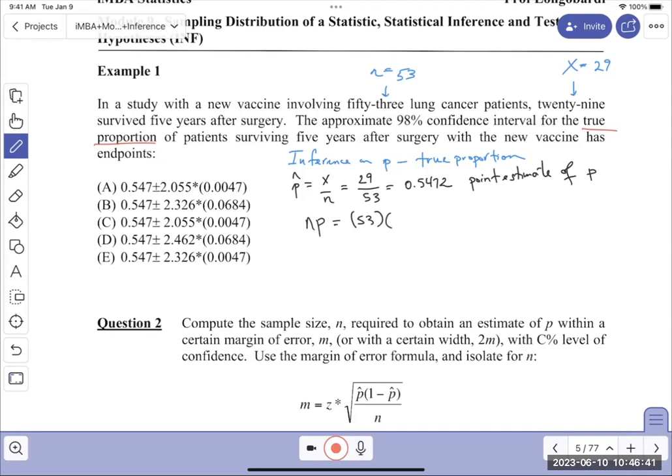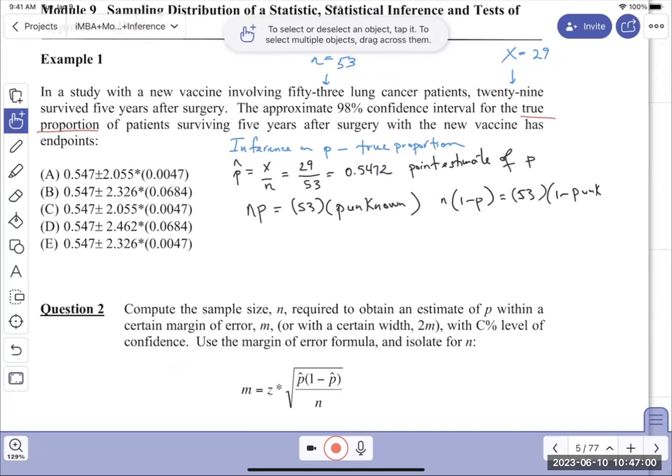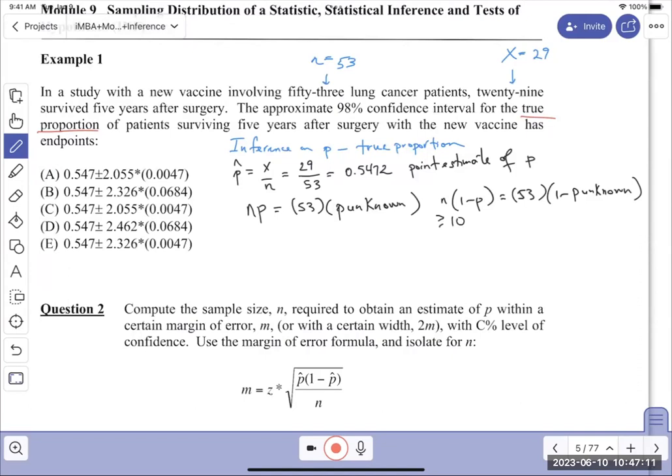I don't know p. And then I can check n times 1 minus p, but I don't know 1 minus p. So what would I do if I had those? I would check if they're greater than or equal to 10 to make sure that I can make a normal approximation. But I can't do that because I don't know p, right? P is unknown.